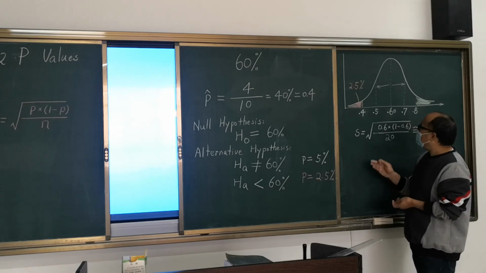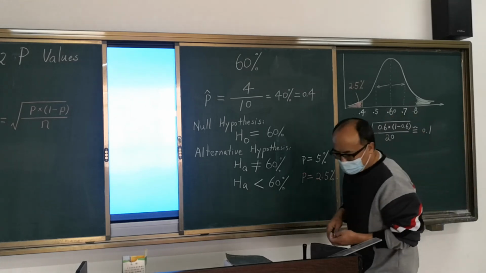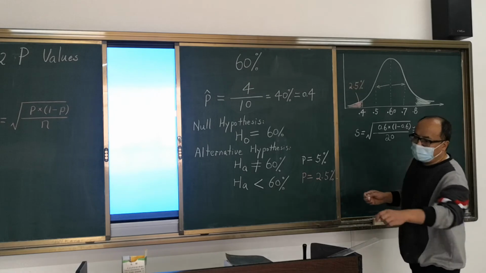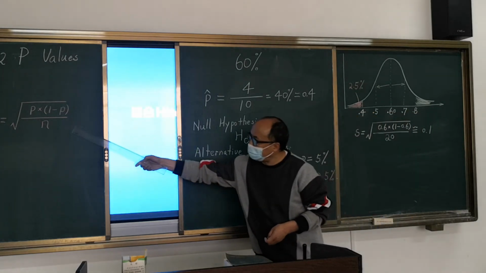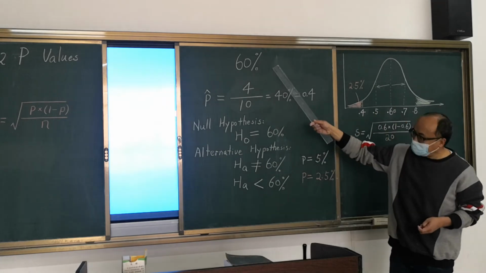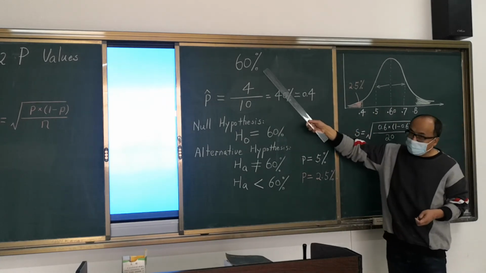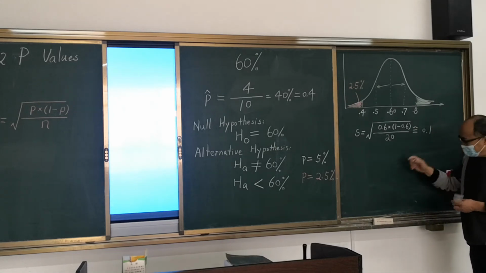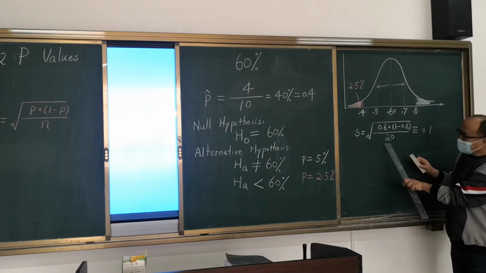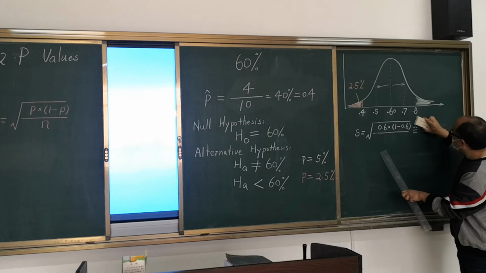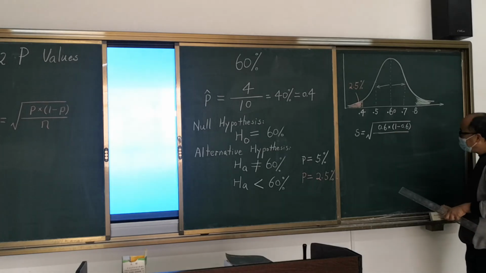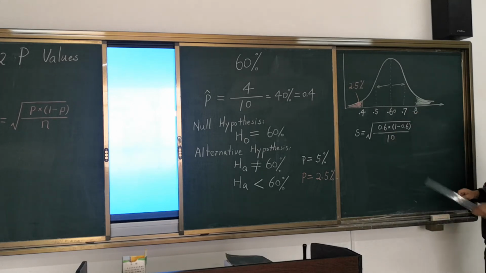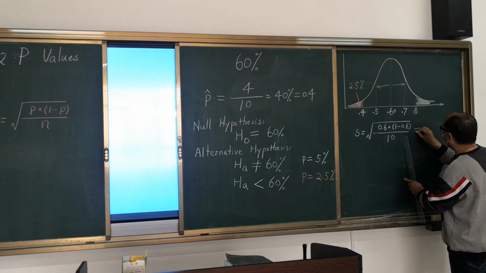Okay, now we took here, assuming this is the truth. So 0.6, 1 minus 0.6, and here is a 10. And the number is ugly.